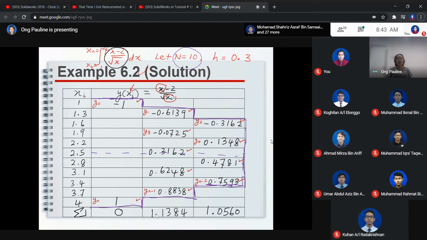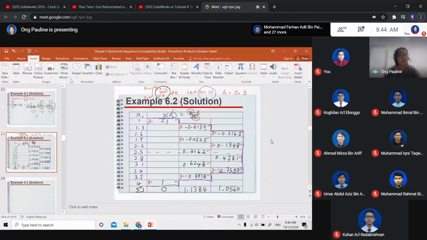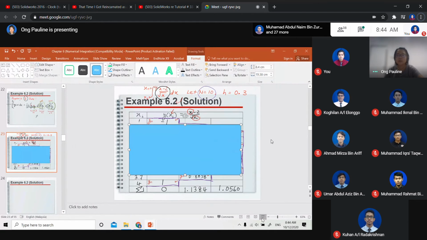All right. Okay, so now let us complete the final step for the Simpsons 1. So let me put in a checkbox shape here. Right.